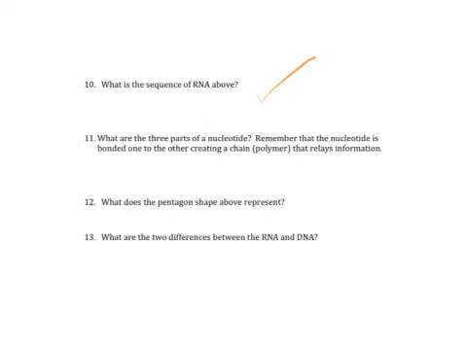What are the 3 parts of a nucleotide? Again, right out of the notes, right out of the video, it's the nitrogenous base, it's the phosphate, and it's the ribose sugar.